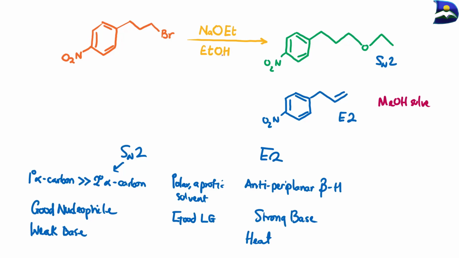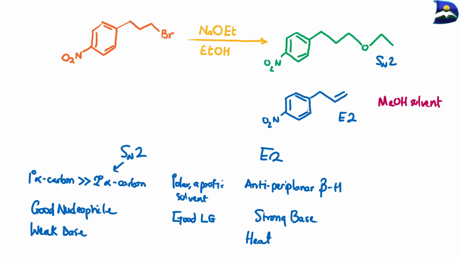And once you're able to make that change, this must be accompanied with a bulky strong base, and a bulky strong base instead of this particular base, which is a weak base, of course, will enhance the formation of this E2 product.